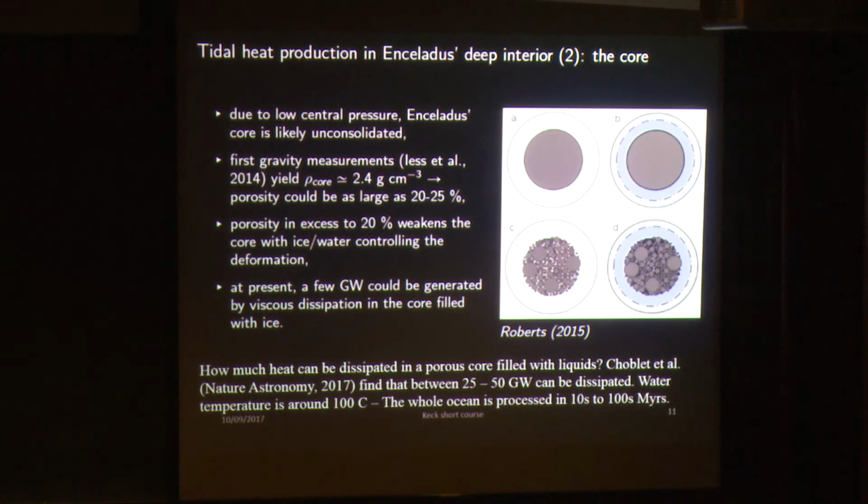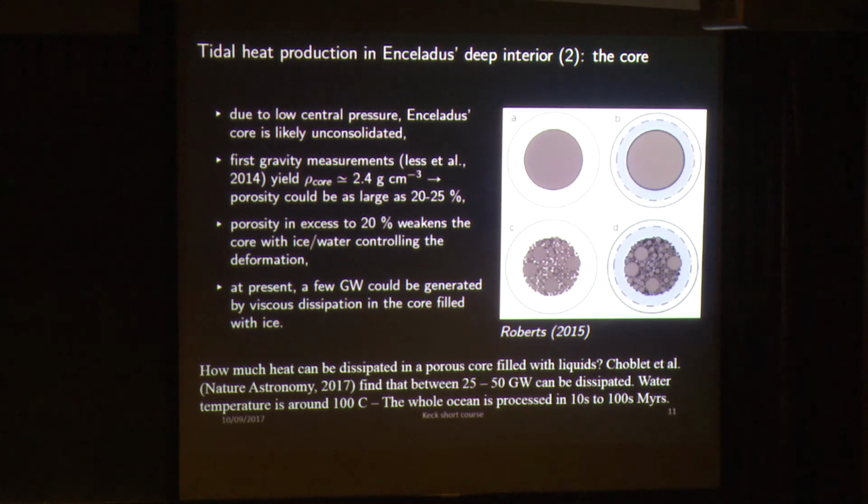So when you think about silicates, when you go to the lab and you sinter the powder, you find out that in order to get something without any porosity, you need to apply much higher pressure. So the idea came, in this paper by Roberts in 2015, that Enceladus would be fluffy. The core of Enceladus would be fluffy, that there should be a lot of porosity.